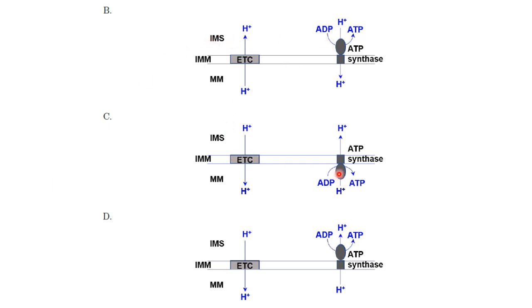Now if you see option C, the hydrogen ions are moved from the mitochondrial matrix to the intermembrane space through ATP synthase, and from the intermembrane space to the matrix by the electron transport complex, which is not correct. Similarly in the case of D also, ATP synthase is placed in the opposite direction. So D is also not correct.